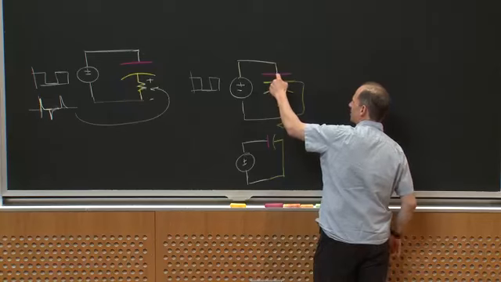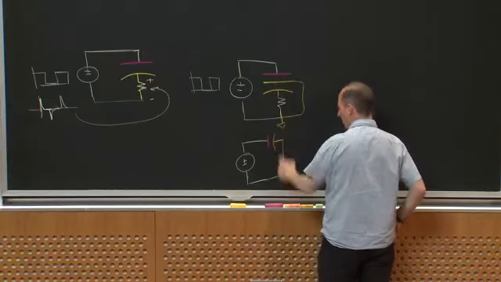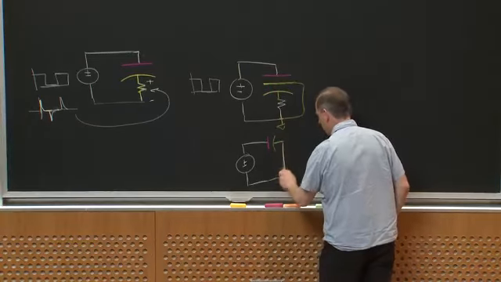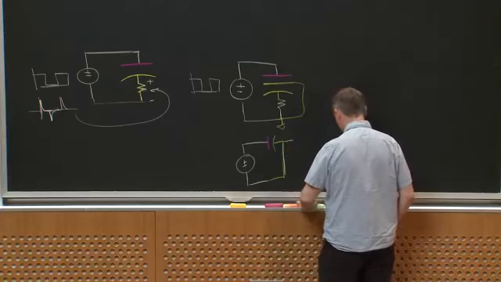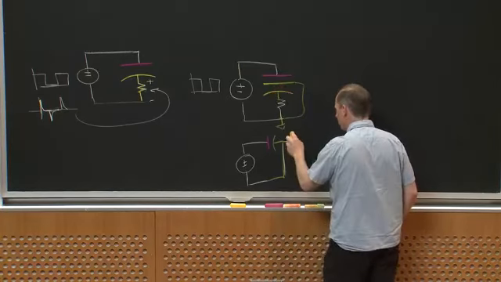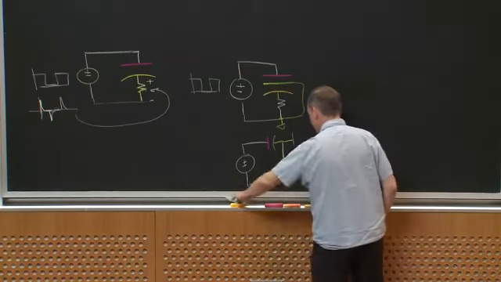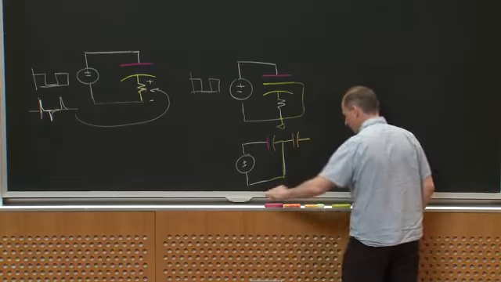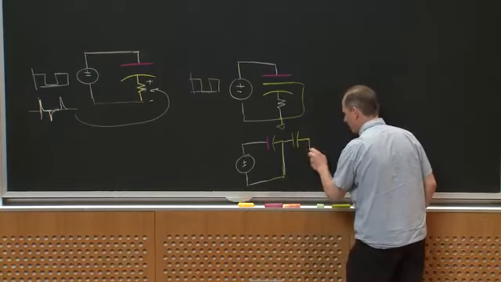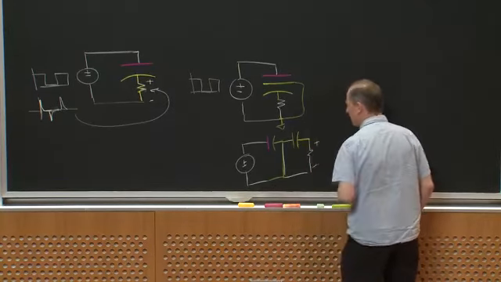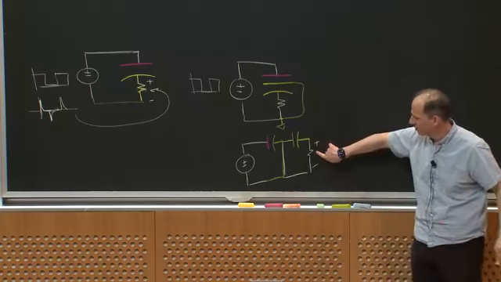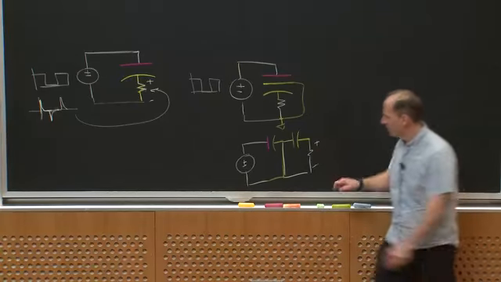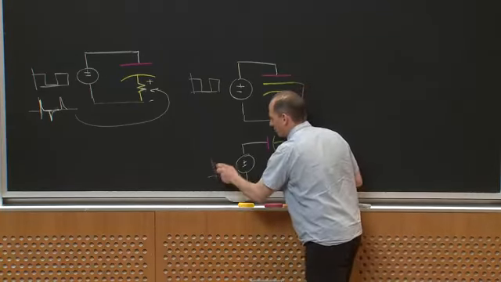I have the capacitance between pink and green, and I'm grounding green. And then I have the capacitance between green and yellow, right? So here's my other capacitance that goes to my sensitive node. And here's now the voltage I'm inducing on the sensitive node. What voltage would I be inducing due to this square wave in this case?